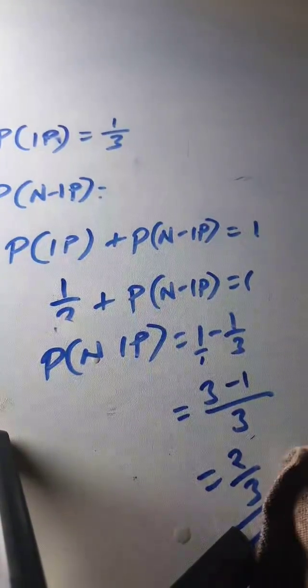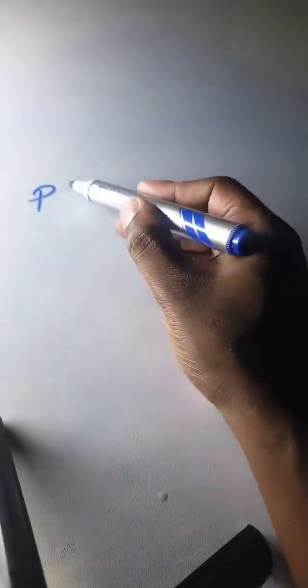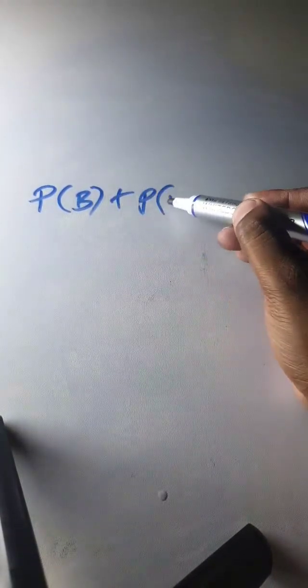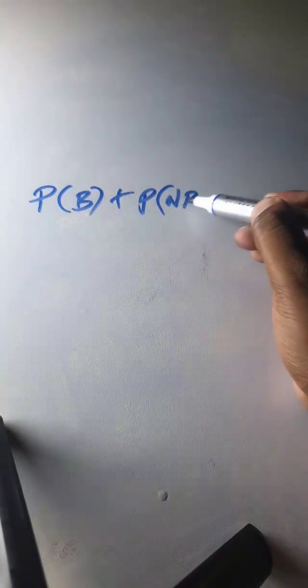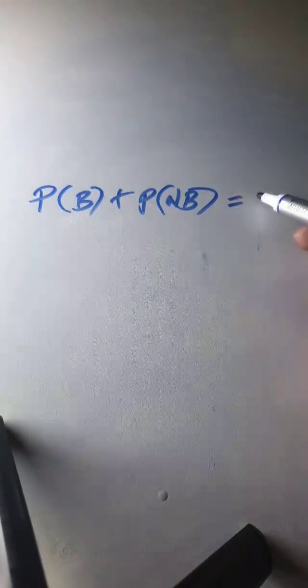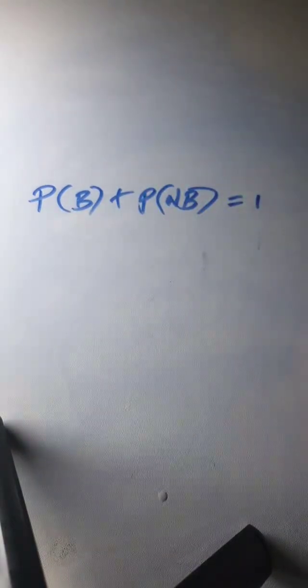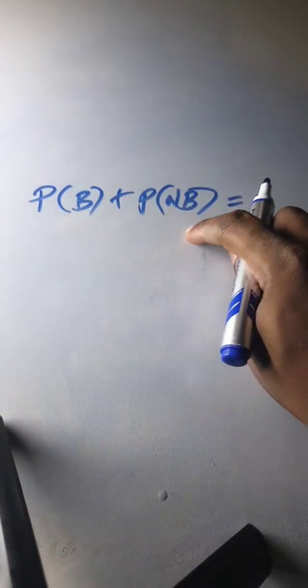Let me give one more. The probability that Vasa has birthed plus the probability that Vasa did not birth, no birth, is equal to 1 always. One of the two will be given.